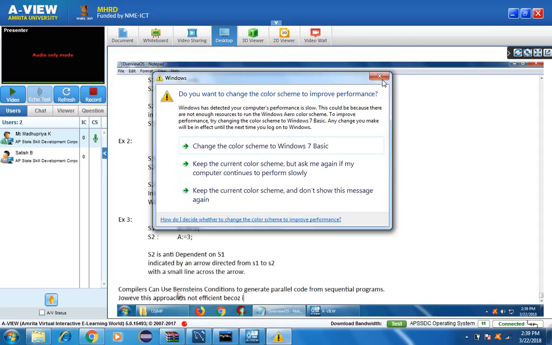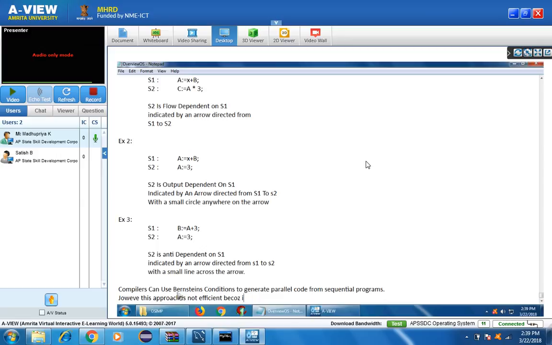The reason is that it is not going to expose the hidden parallelism. Do you understand? Based on this data dependence only, there are other things we have to examine for the above specified conditions.